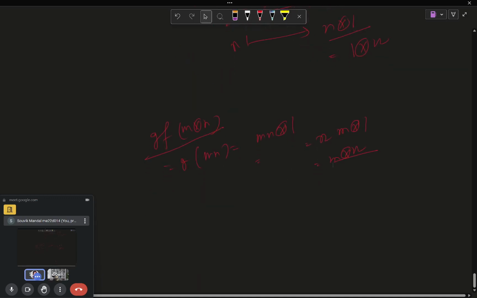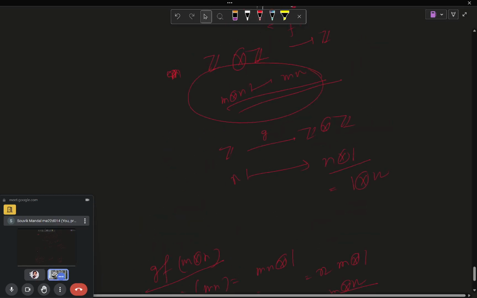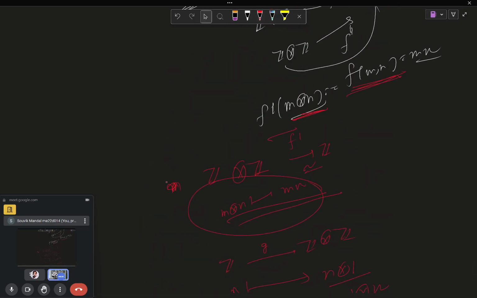And similarly, f g of small n equals f of (n tensor 1), which is n times 1, equal to n. So on both sides this is the identity. This implies f and g are inverse to each other, and this tells us that our defined map f is an isomorphism. Understand?